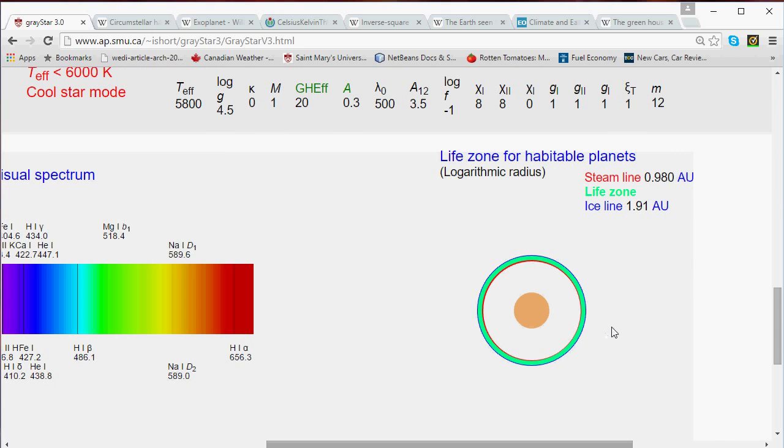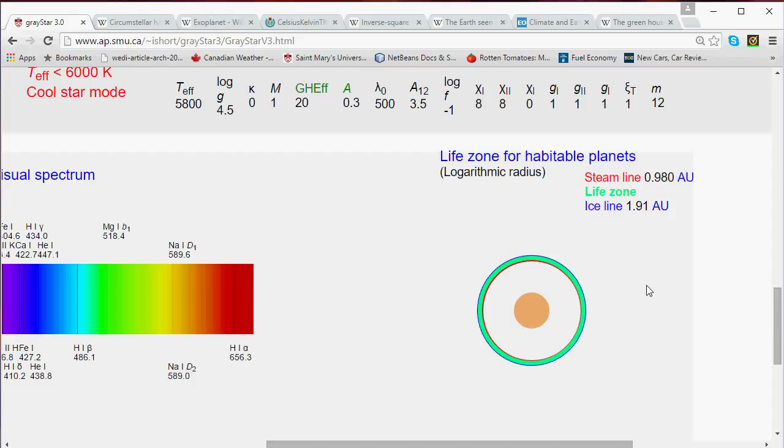you can see that the circumstellar habitable zone is not centered on Earth's distance from the Sun. Remember, Earth's distance from the Sun is 1 astronomical unit, and the circumstellar habitable zone here is going from just a little bit less than 1 to quite a bit more than 1. So the circumstellar habitable zone is not centered on Earth's distance from the Sun. Earth is actually closer to the inside edge of its habitable zone, the steam line, than it is to the outside edge of it.